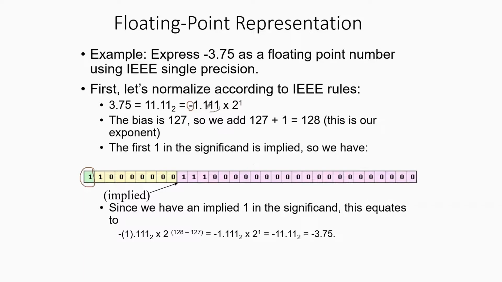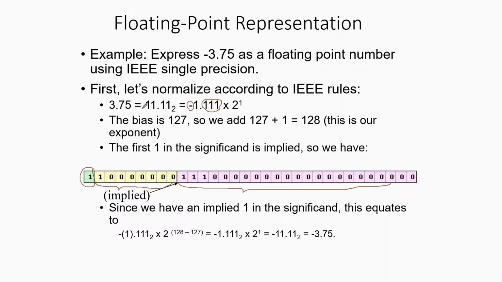This is the fractional part. 1.111 is the fractional part. This is the significand or the fractional part which will be stored in some segment. We'll see what number of bits are required to store this fractional part and what number of bits are required to store the exponent.